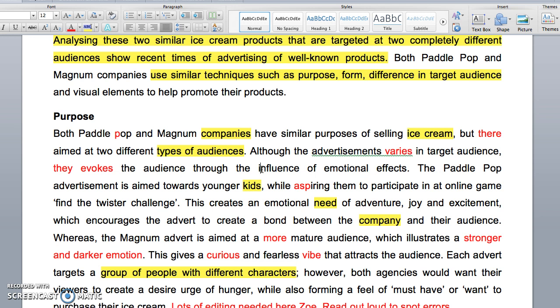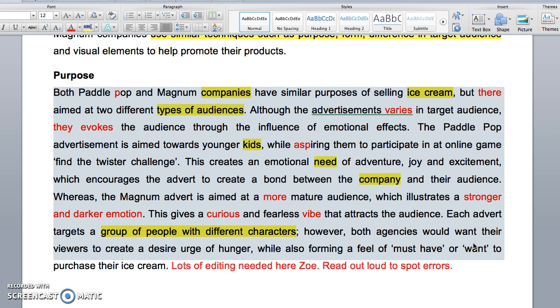Well, ice cream appeals to a desire, not a value, because there's no moral choice in ice cream. Thank goodness, Zoe, because we all like ice cream. So this is what you just need to be making sure that you are explaining a lot more clearly here, Zoe.